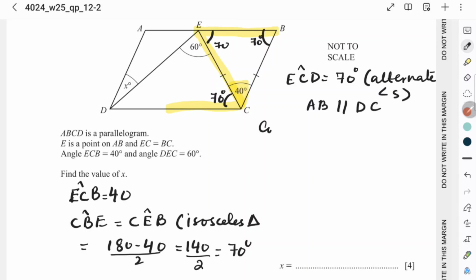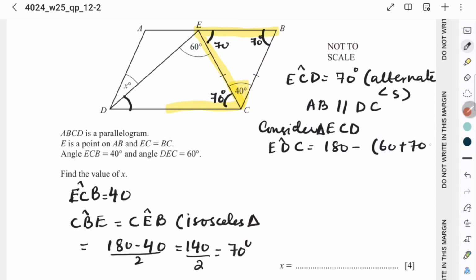So we consider triangle EC and D, then you can easily find out the angle EDC. Okay, so in this triangle, the angle EDC is equals to 180 minus 60 and 70 degrees.